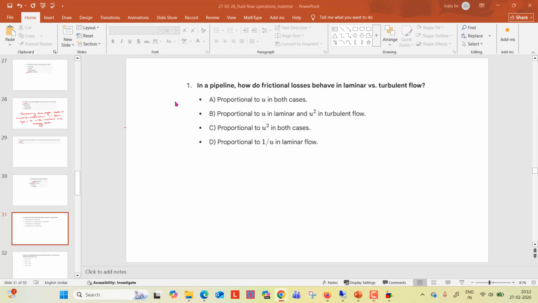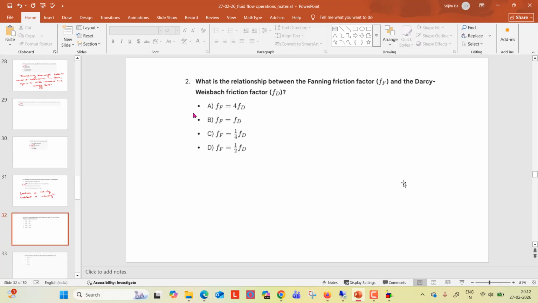So this is option B. So laminar flow is proportional to velocity, and turbulent flow is proportional to velocity square.